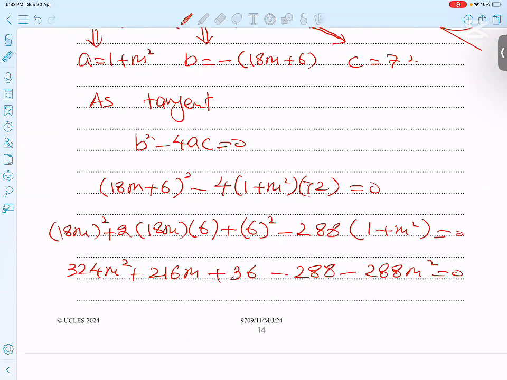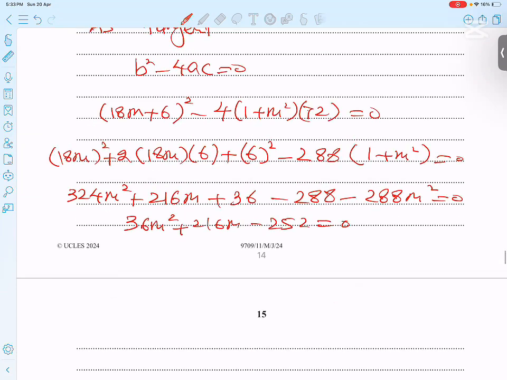From 324, subtract 288, and I got 36 m squared. And positive 216 m. And from 288, subtract 36, I got negative 252 is equal to 0. So this is done.